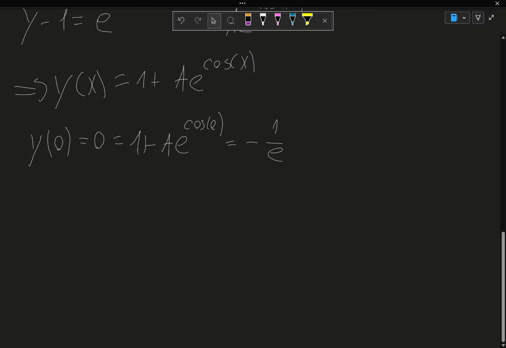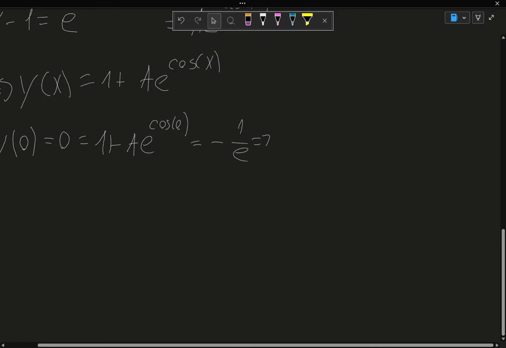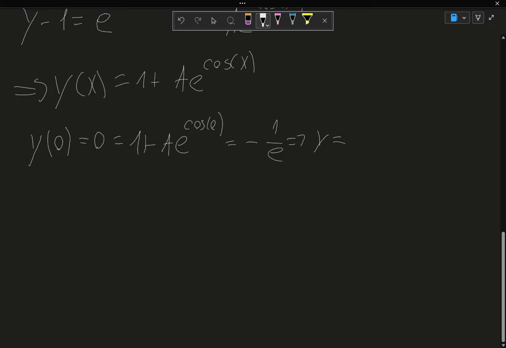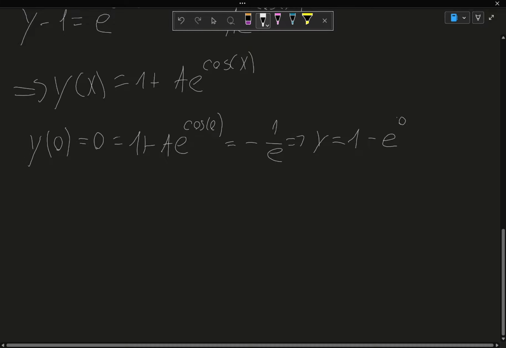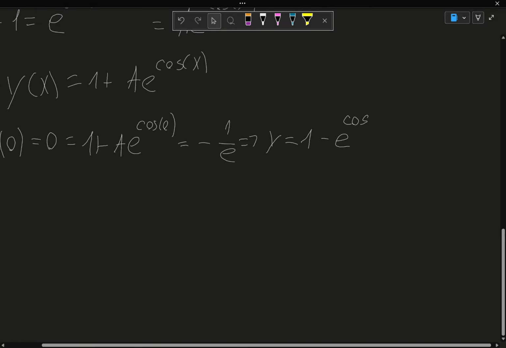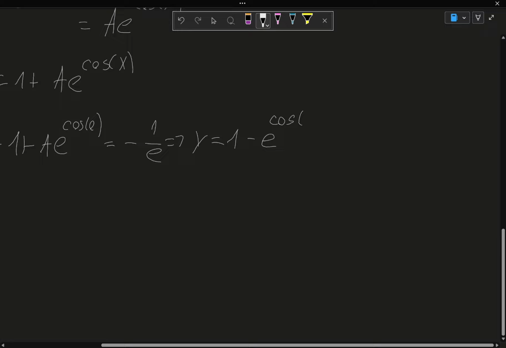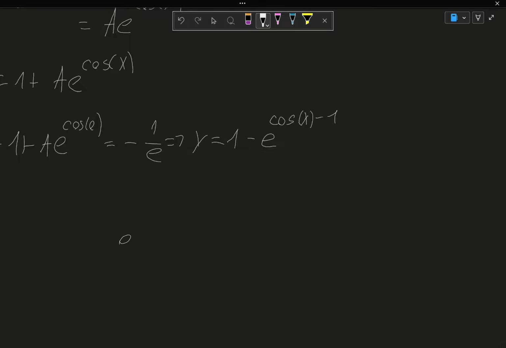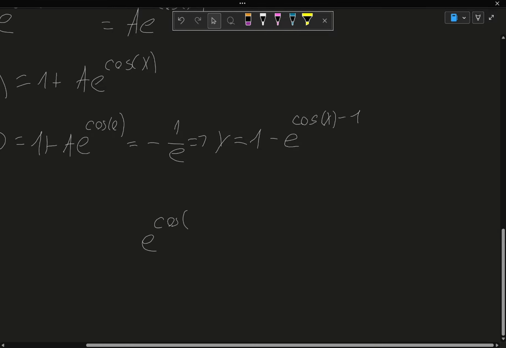So this implies that y of x is equal to 1 minus e to the cosine of x minus 1. Why do we have this minus 1? Because right here we calculated that a is minus 1 over e.